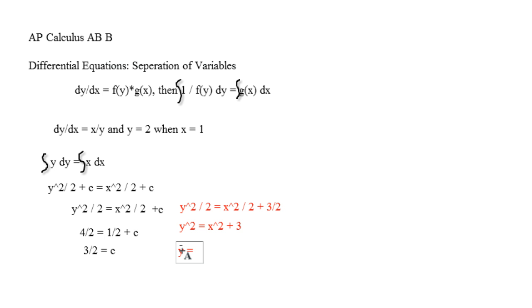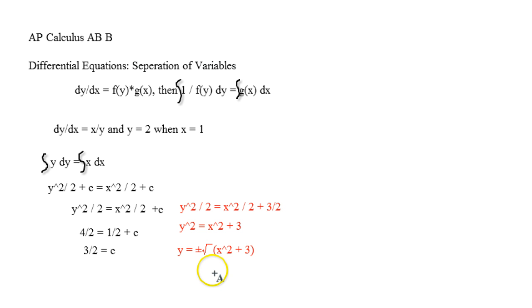So y is going to be equal to the plus or minus version of the square root of x squared plus 3. Voila! I have my formula that I differentiated down to get x over y. So some really cool stuff that you're able to do. Or y equals the plus or minus the square root of this.